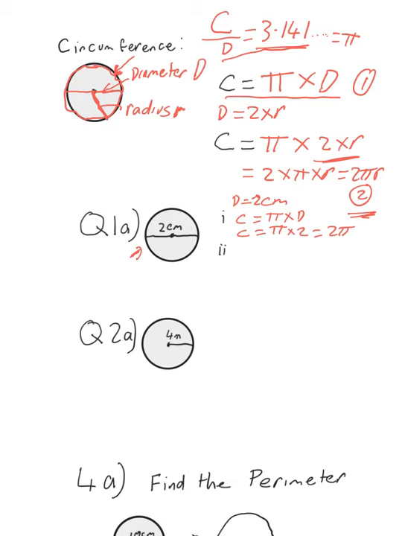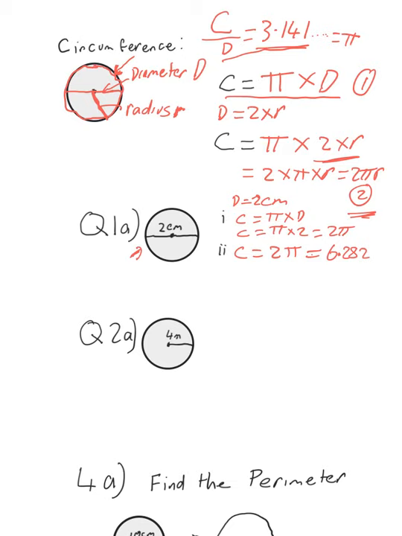In part 2 we calculate it in centimetres: C equals 2 pi, so 2 times pi comes to 6.282 to 3 decimal places. You only need 2 decimal places for most questions.